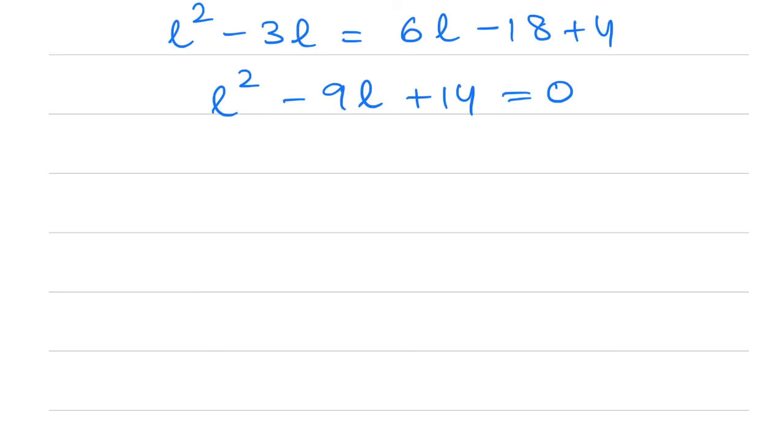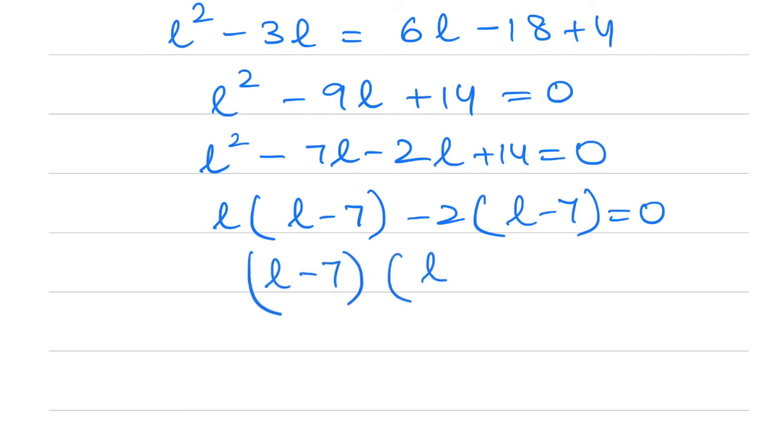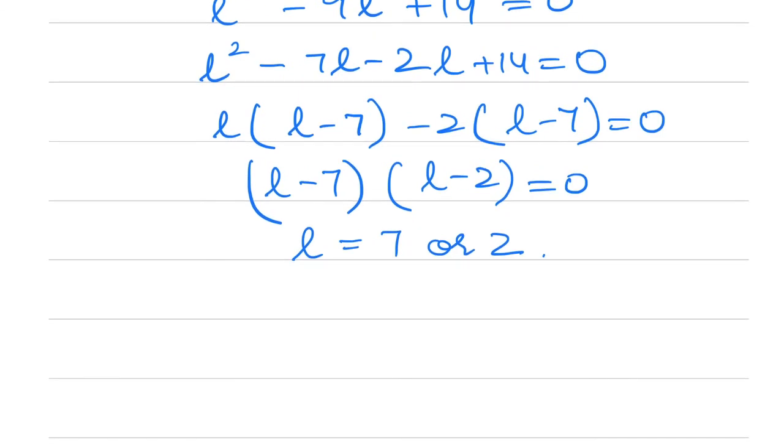Now we need to solve this equation. By splitting the middle term, we know the sum has to be minus 9 and product has to be 14. So this would be L square minus 7L minus 2L plus 14 equal to 0. So L is common: L into L minus 7 minus 2 into L minus 7 equal to 0. So the factors for this equation are L minus 7 and L minus 2 equal to 0. Therefore L is equal to 7 or 2.